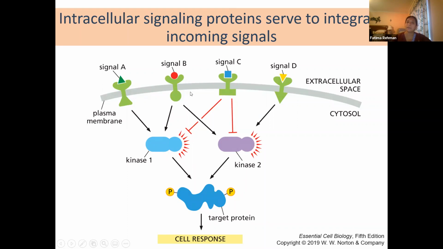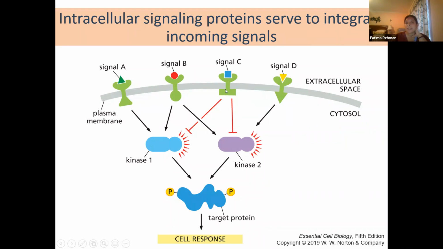You can have pathways where multiple kinases will each then activate their own target proteins and elicit responses. Or you can have G protein coupled receptors where the initial signal will bind to a catalytic domain of another protein, activate it, and have a response right away.